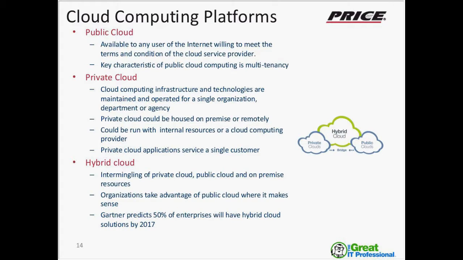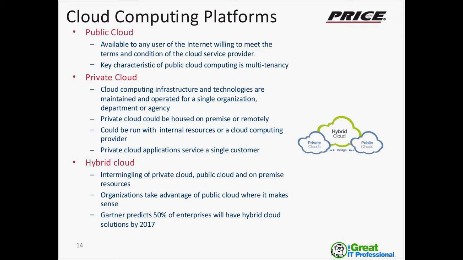With a private cloud, cloud computing infrastructure and technology are taken advantage of, but not in a multi-tenancy or public environment, but rather operating for an organization or a department or an agency. They could be housed on-premise, or they could be housed remotely as long as the proper security and firewall situation is recognized.